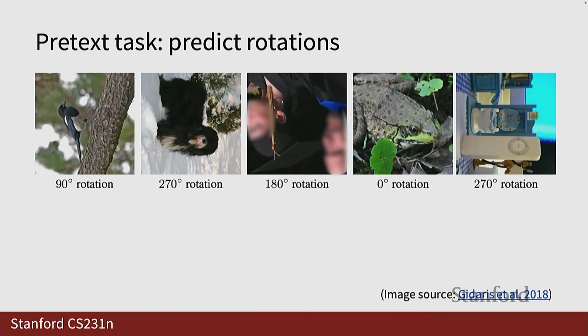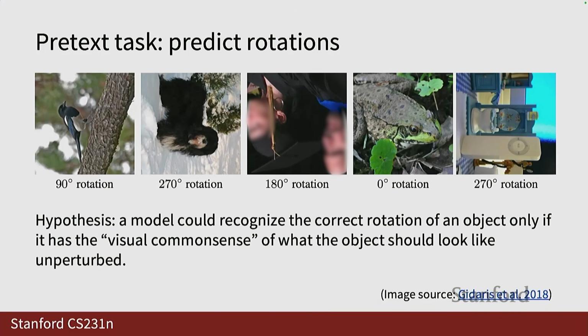I talked quite a lot about rotation, predicting rotations. Let's see if we can rotate the images with random or arbitrary degrees and predict the rotation angle with a model. Our hypothesis here is that a model could recognize the correct rotation of an object only if it has the visual common sense of what the object should look like unperturbed.